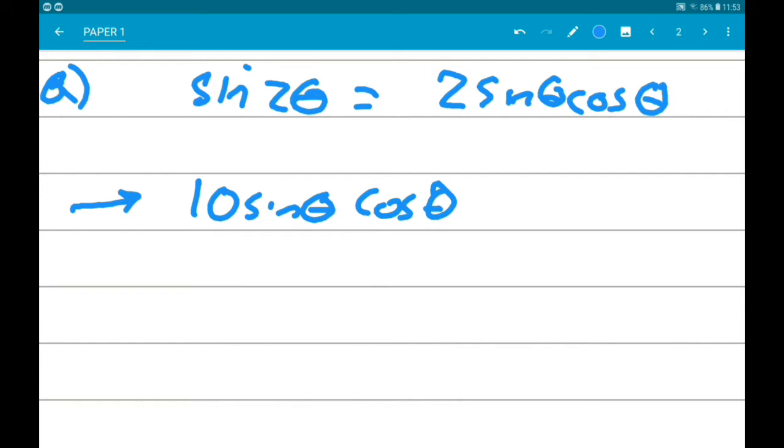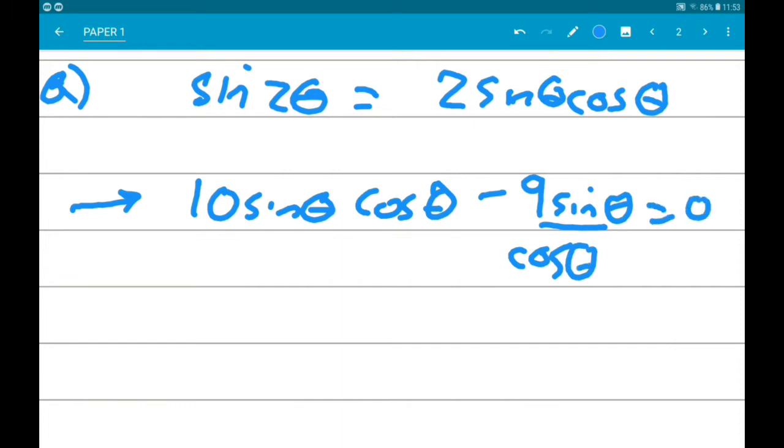I'm going to get everything on the same side, so minus 9 sine over cos is equal to 0. Now, multiplied through by cos, we get 9 sine cos squared.